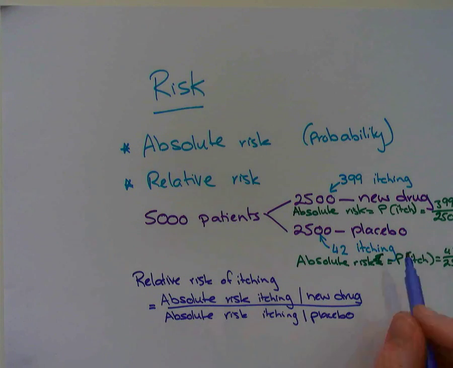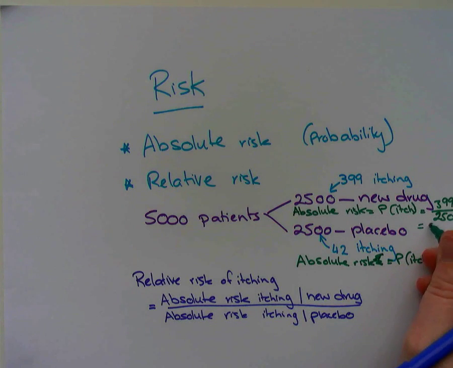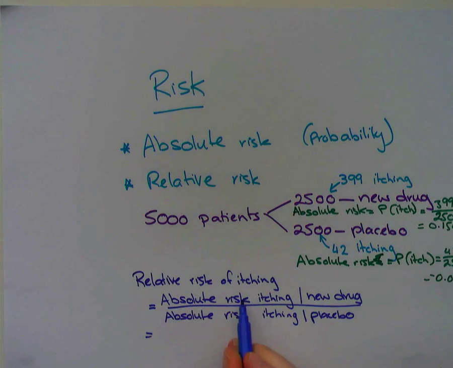Now if I simplify this, 399 over 2,500 as a decimal is 0.1596, and 42 over 2,500 as a decimal is 0.0168. So my absolute risk of itching, given that I'm taking the new drug, is 0.1596, over the absolute risk of itching given you're in the placebo group, 0.0168. If I divide that out, that gives me a value of 9.5, to one decimal place.